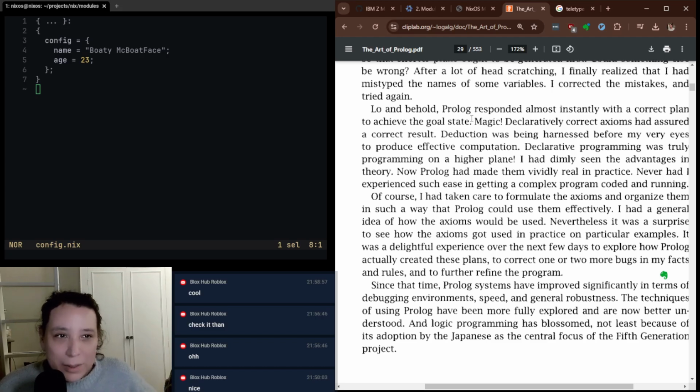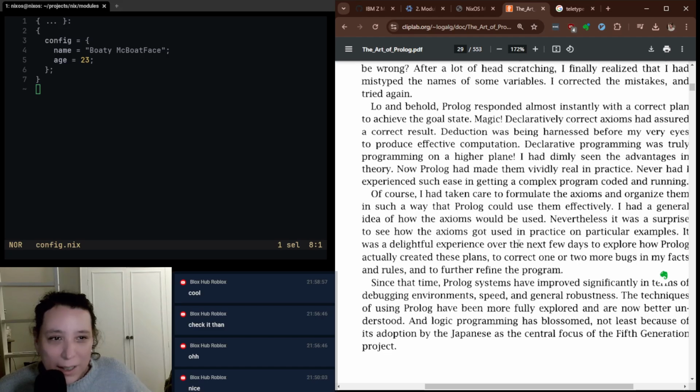Declaratively correct axioms had assured a correct result. Deduction was being harnessed before my very eyes to produce effective computation. Declarative programming was truly programming on a higher plane. I had dimly seen the advantages in theory, now Prolog had made them vividly real in practice. Never had I experienced such ease in getting a complex program coded and running.